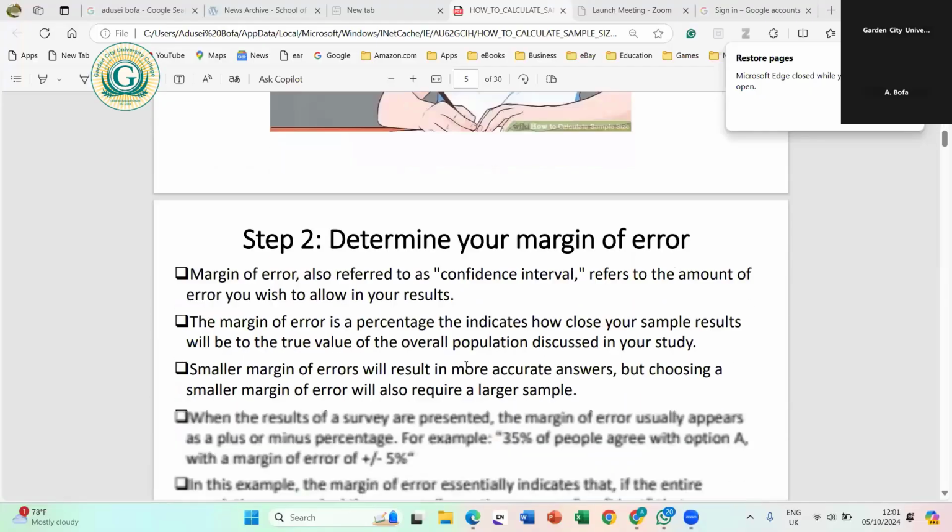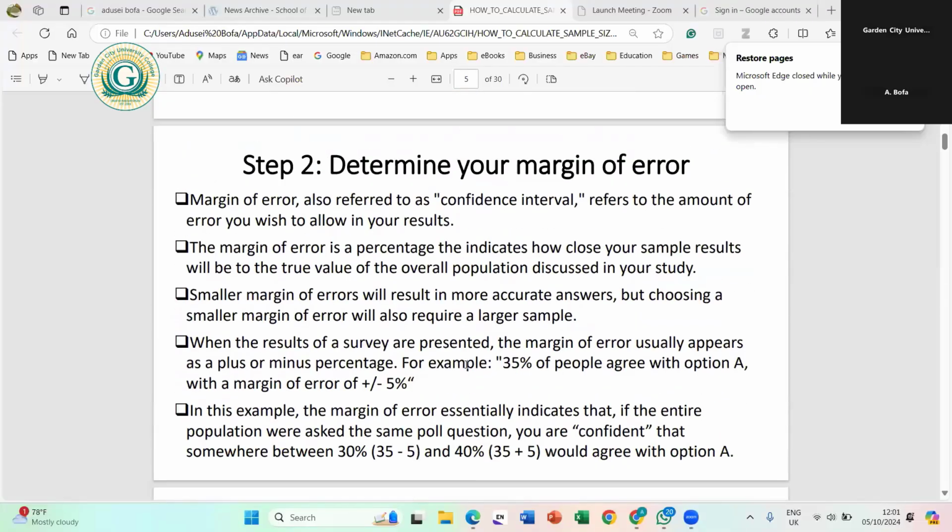And then secondly, you determine what we call the margin of error. The margin of error, or at times it's referred to as confidence interval. You, the researcher, are going to determine your margin of error.